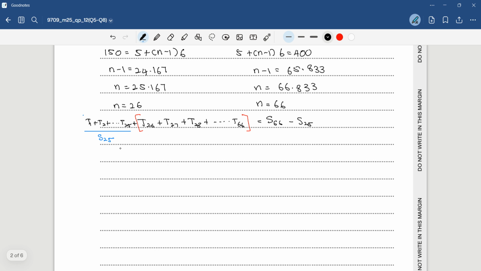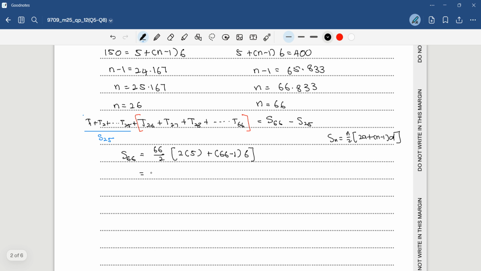S66 will be 66 over 2 times 2a plus n minus 1 d. We use the sum formula: Sn equal to n over 2 times 2a plus n minus 1 d.